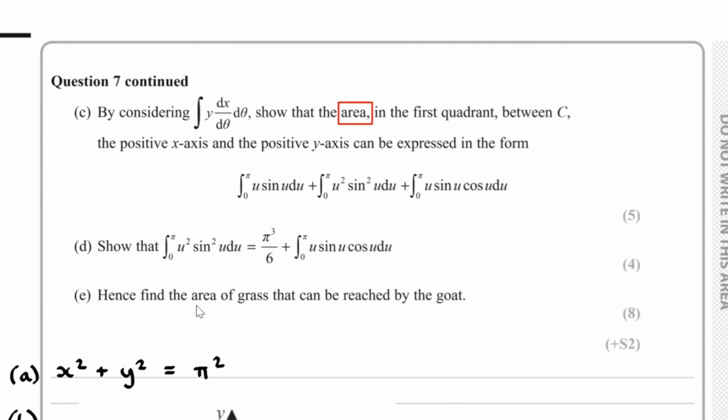Now, for part A, hence find the area of the grass that can be reached by the goat. Now, let's first of all find out this red area. For us to do that, we need to find out some values. Let's integrate the u sine u du between 0 and pi.